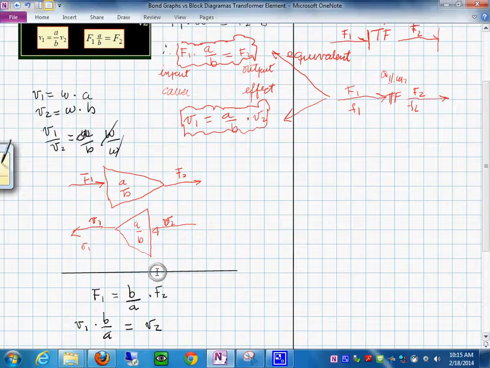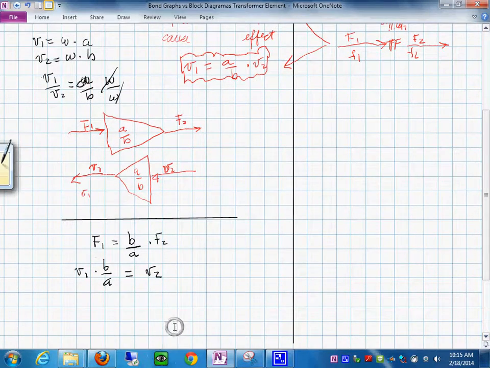Yeah, so whenever you have these equations, you're going to have this. Whenever you have this equation, you will have the other block diagram that is going to be like this. See, in here, take a look. You're going to have this, and you're going to have it like this.